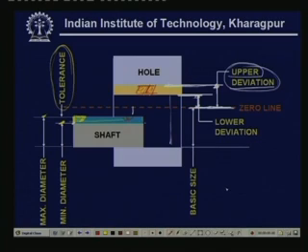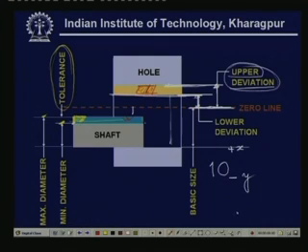Now, in this case there are several ideas one can think of. That means, if the shaft diameter is, suppose, 10 mm, and we refer plus x, minus y.